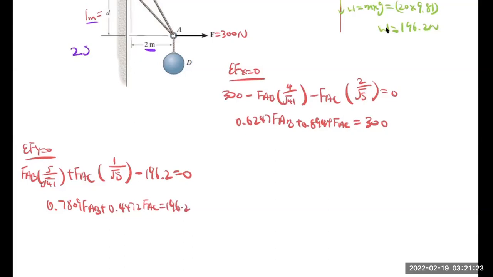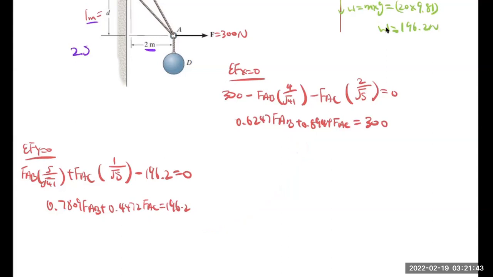Okay, and also 2 unknowns in that one equation. What can we do? So what we can do at this point is, with either equation right here, we can rearrange FAB and FAC in terms of the other, and then plug it back into the other equation to solve.